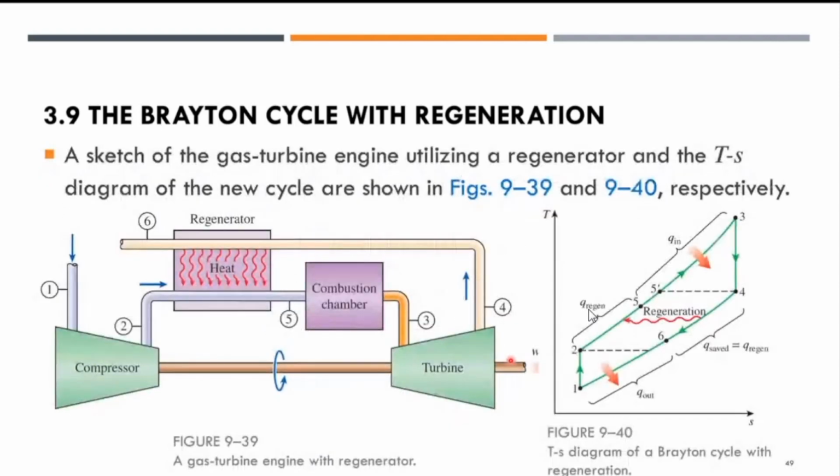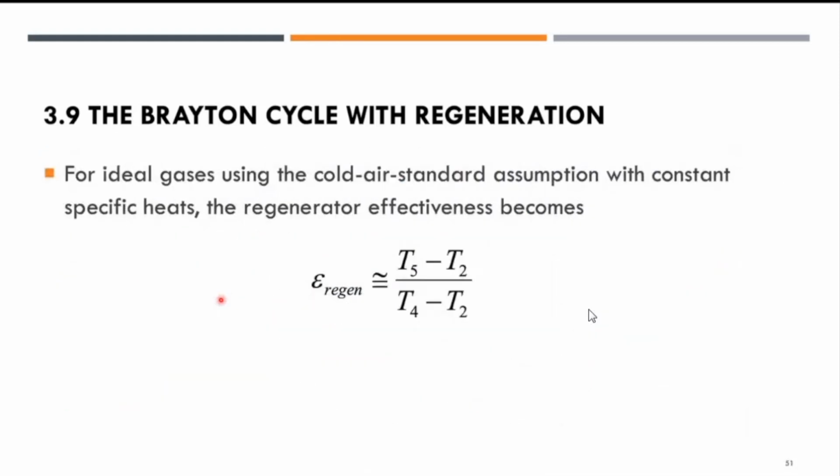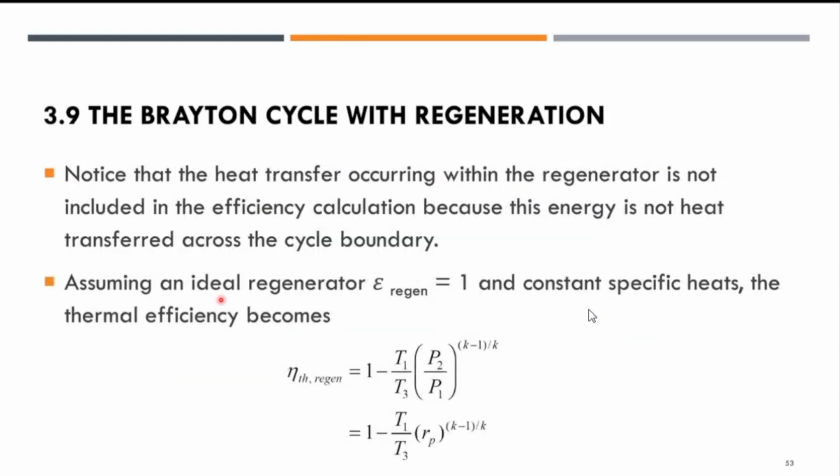If you refer back to the figure here, h6 is basically the point where the heat is rejected from the system, going to h1 over here. Notice that the heat transfer occurring within the regenerator is not included in the efficiency calculation, because this energy is not heat transferred across the cycle boundary. So that's a very important thing to take note of.